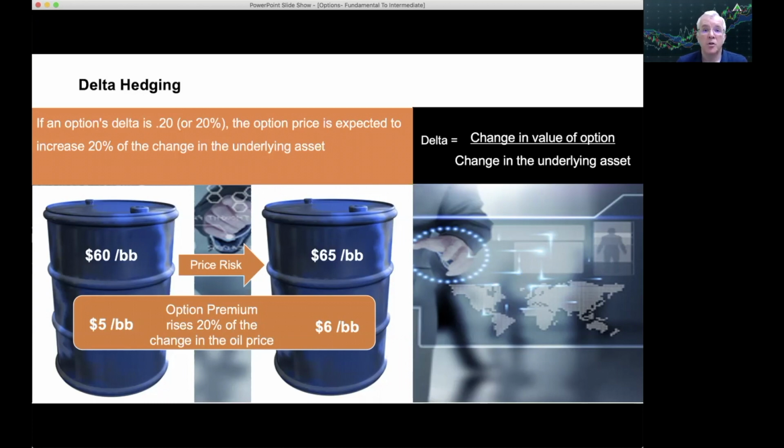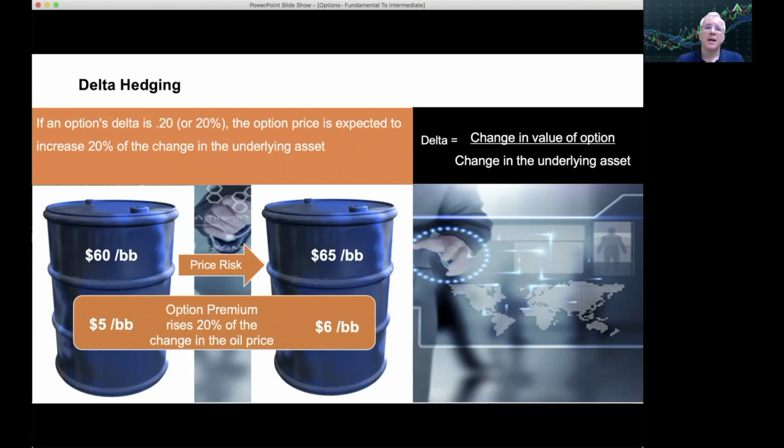So the call option is worth $5. If the price of oil moves from $60 to $65 a barrel, your option will move up by 20% of that change. So $5 change, 20% of that is what? $1. So the option would have moved in value from $5 to $6.